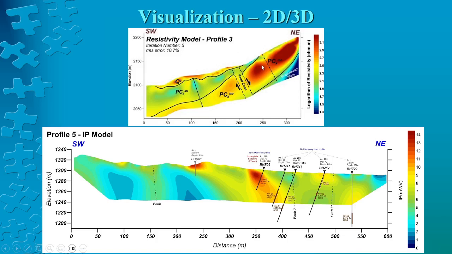I think it's unconsolidated sediments, some kind of sediment. I don't recall it actually. And then from 230 to the end of the profile, we have the meteorite, which is more highly resistive.